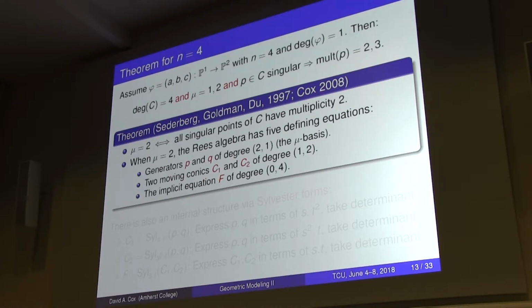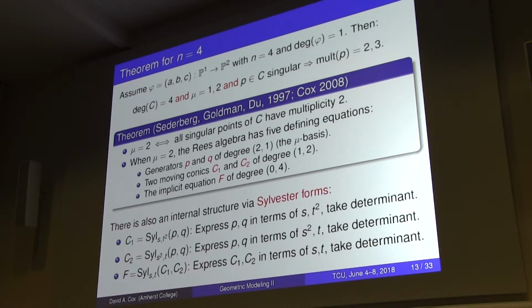Then what I did in 2008 is basically say that in this situation, in fact, these 5 that you've identified always generate, so these are the minimal generators of the kernel, so these give the defining relations.